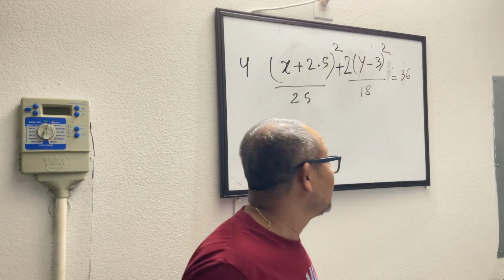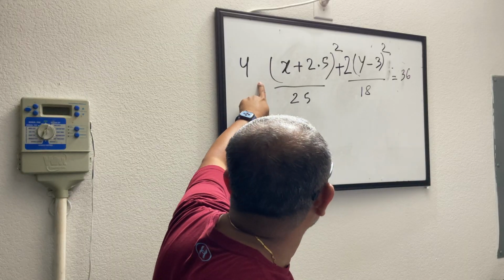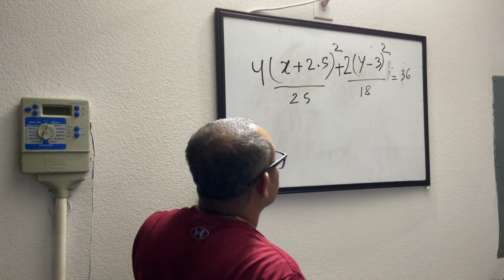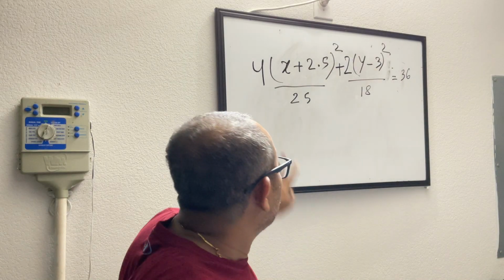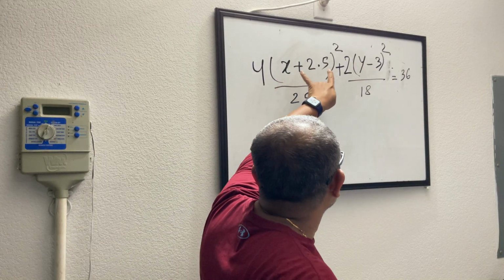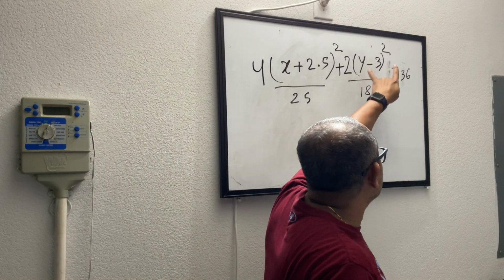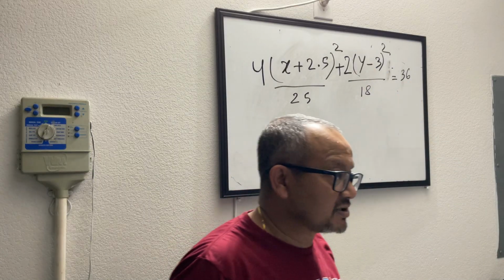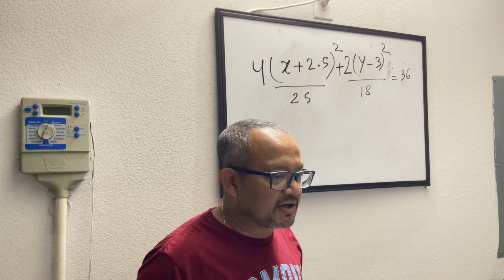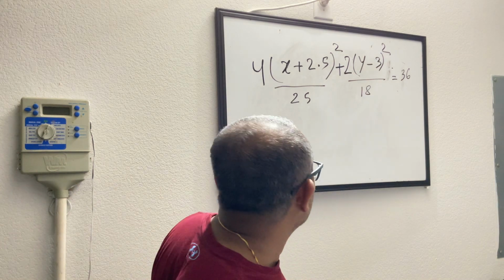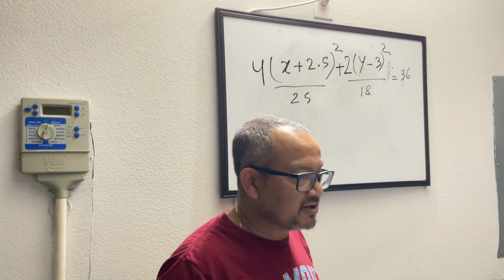Is 4 multiplying x plus 2.5 squared, or the whole thing? 4 times (x plus 2.5) squared divided by 25 plus 2 times (y minus 3) squared divided by 18 equal to 36. I want you to find out the coordinates of the center and the major and minor radii.